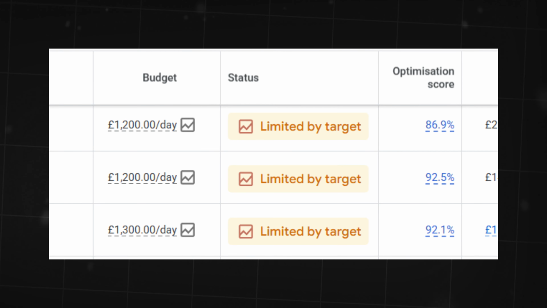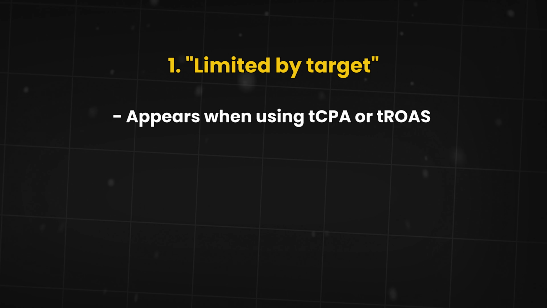In addition to limited by budget, there are other limited by campaign statuses that you should know about. You'll come across them pretty frequently. Limited by budget is just the most common one. First, limited by target. This appears when you're using Target CPA or Target ROAS bidding strategies.